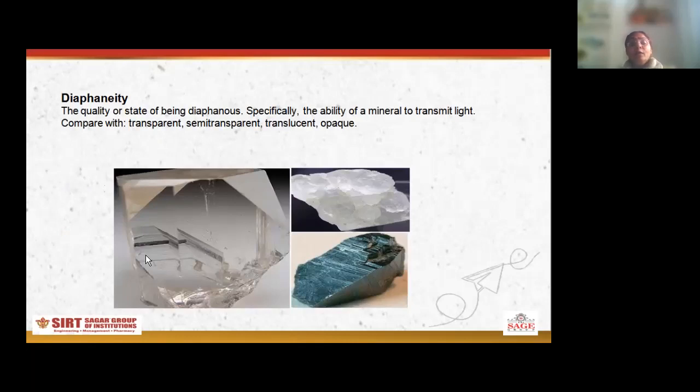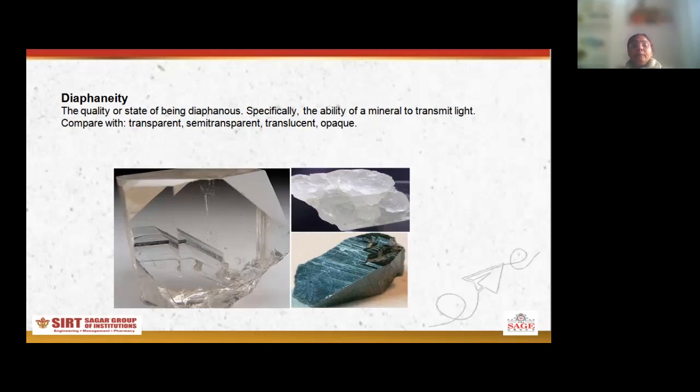Diaphaneity is the quality or state of being transparent, especially the ability of a mineral to transmit light. Compare with transparent, semi-transparent, translucent and opaque. So just compare this. It is transparent or semi-transparent, translucent, or totally opaque, where no light can penetrate through its body.